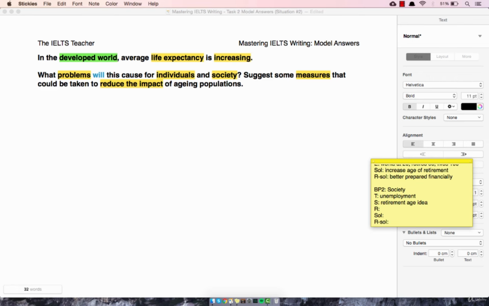Well, the results of more and more people in work and fewer jobs going around will be simply that particularly young people, for that I'm looking at that in the plural here, a subsection of society, young people will struggle to find positions. So young people will struggle for work, something like that.